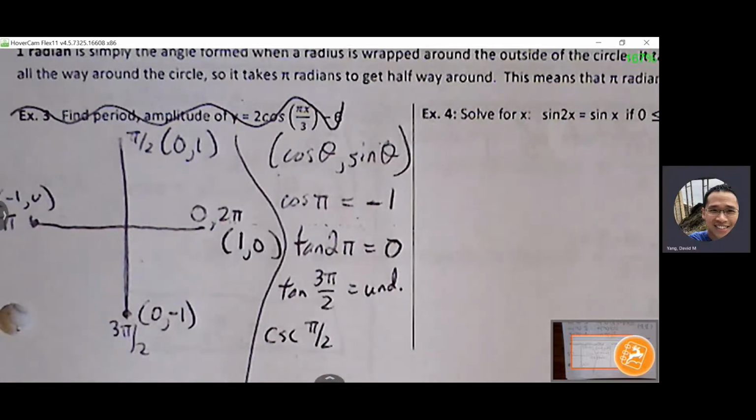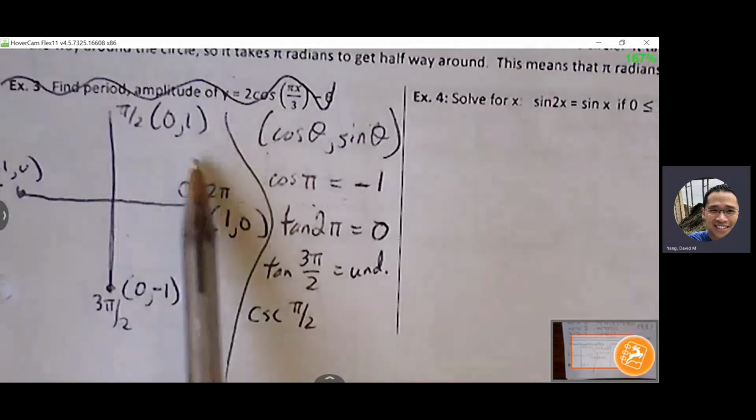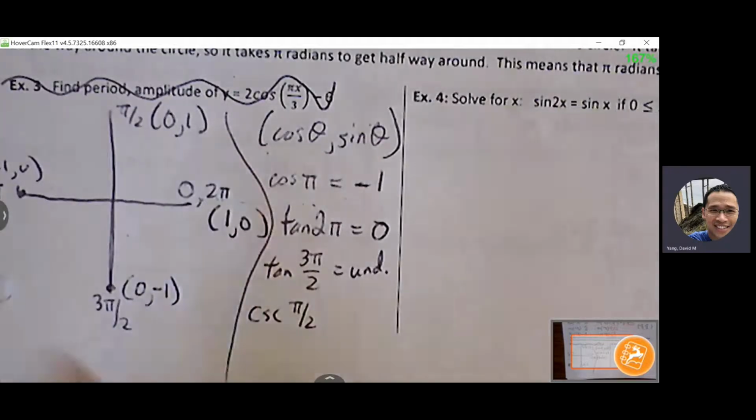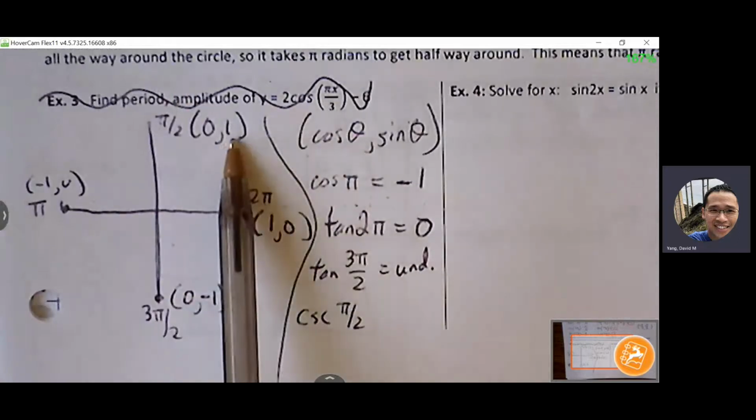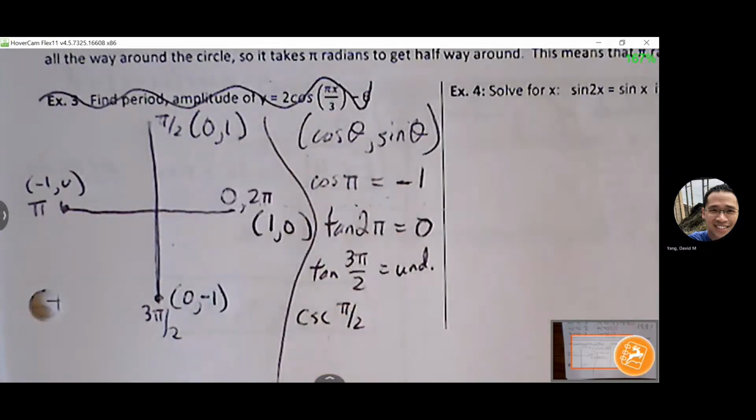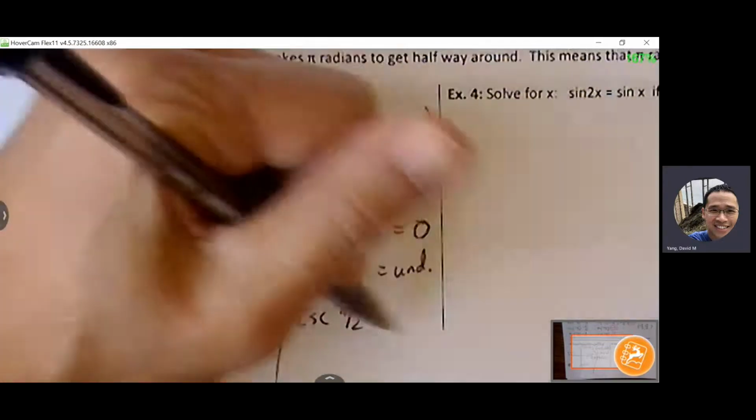Cosecant is the reciprocal of what? Sine, and sine is the y value. So what do I do with this 1 to get to cosecant? Flip it, right? What happens if I flip 1? Still 1.